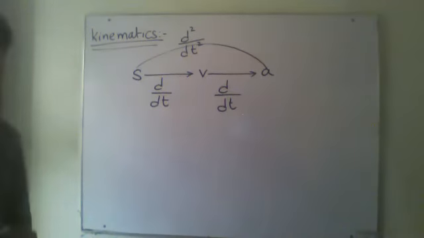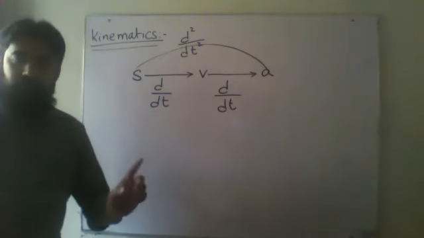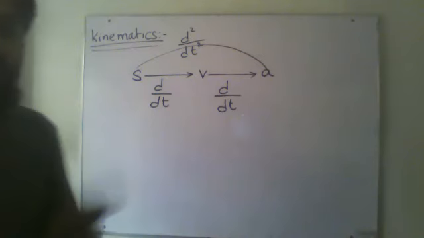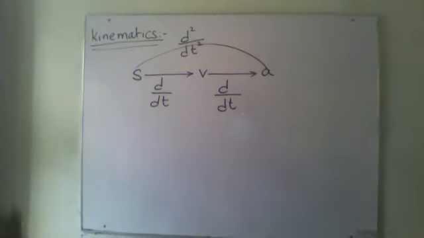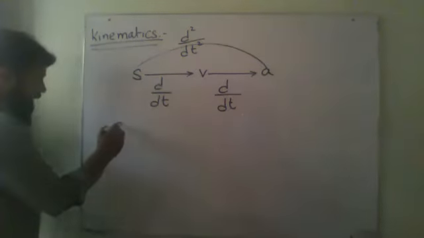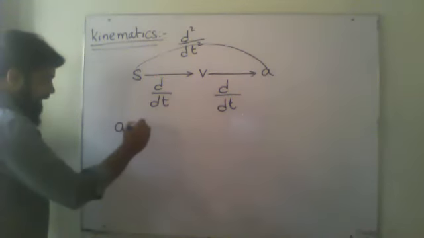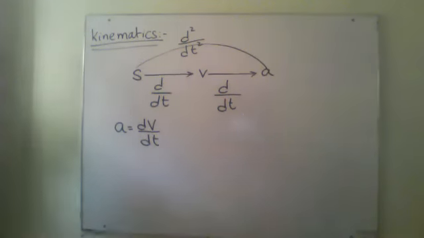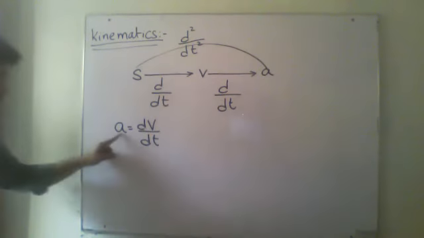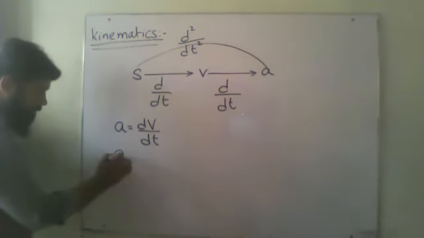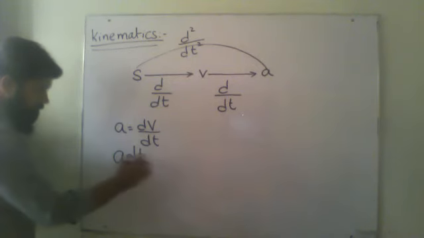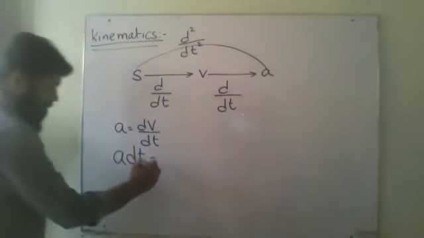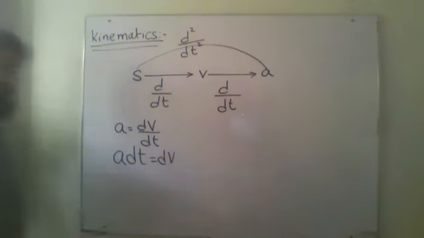Now, for instance, they are not giving us displacement. They are giving us acceleration. Then what will I do? See, I know that acceleration is dv over dt, right? So when I shift this over here, this will be dv.